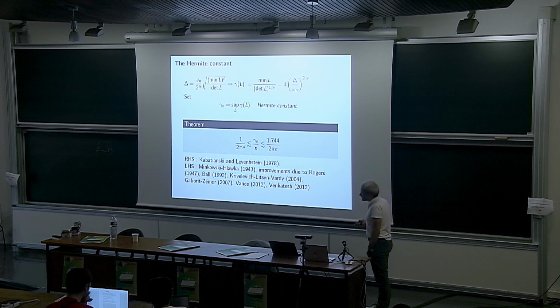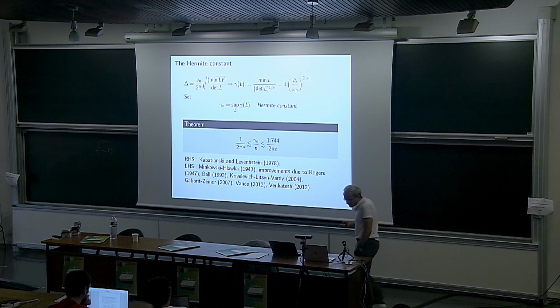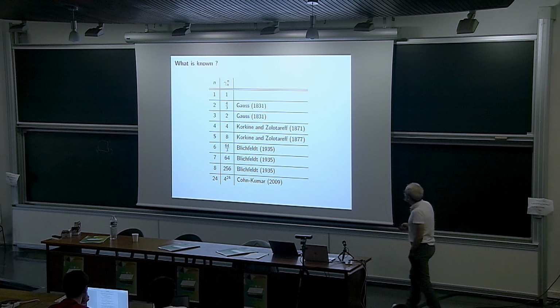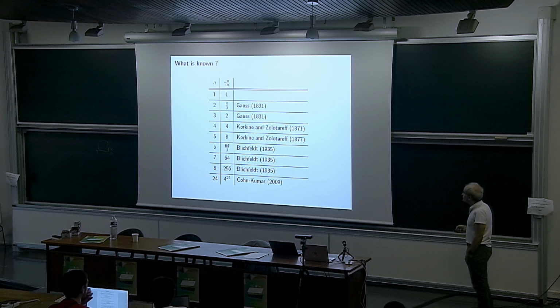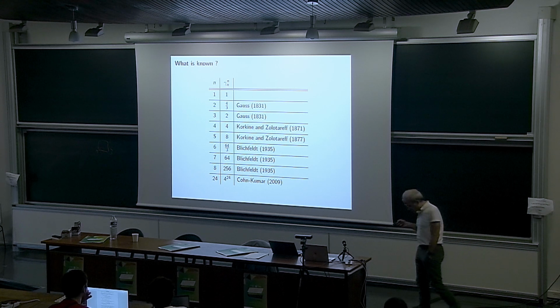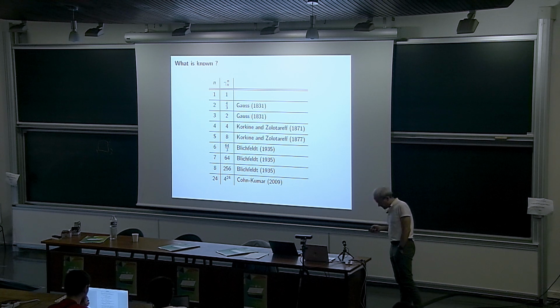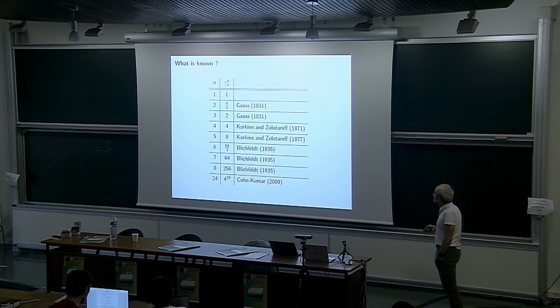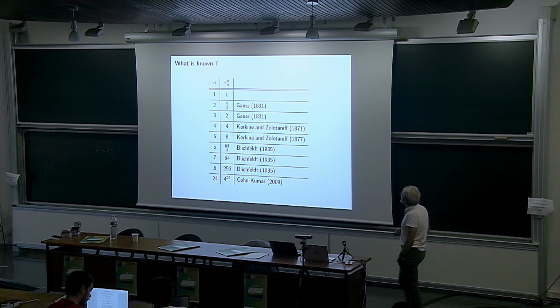And now the perfect forms and lattices will come into play. Just before that, I summarized which actual values of the Hermite constant are known. Only a few, as you see, with this surprising gap you certainly noticed, and which I won't comment upon today.